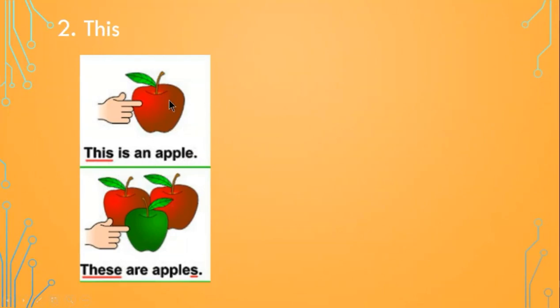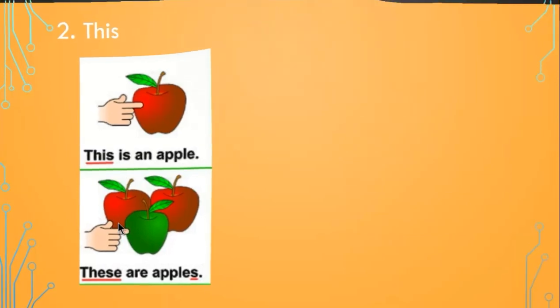If it is one, we use THIS. But when there are many things or many persons near us, at that time we use THESE. When many things are there, plural, we use are, and for single things we use is. Okay students? Now next.